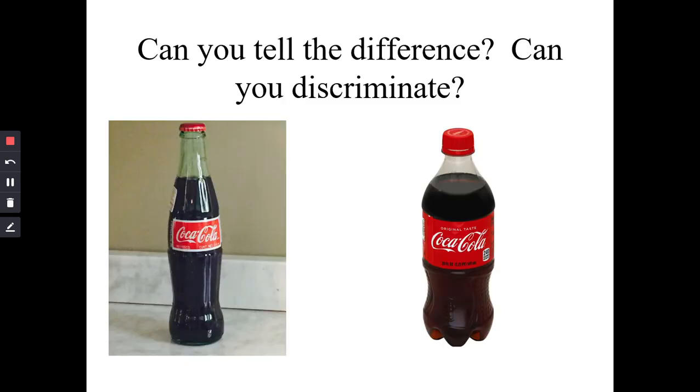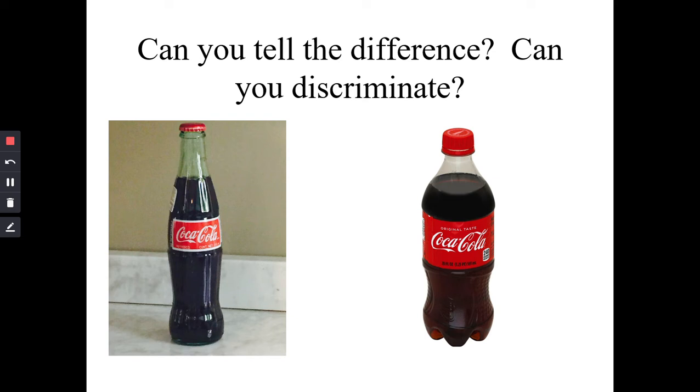Let me ask you this. Can you tell the difference between Mexican Coke and American Coke? If so, then you can discriminate. You know the difference. Now, keep in mind the use of the word discriminate in terms.